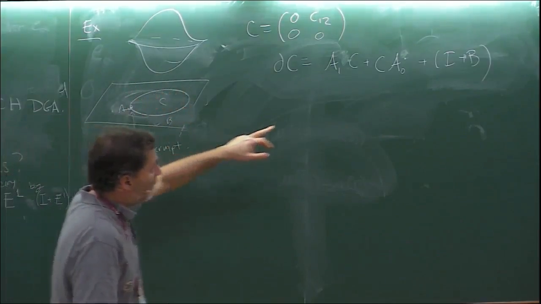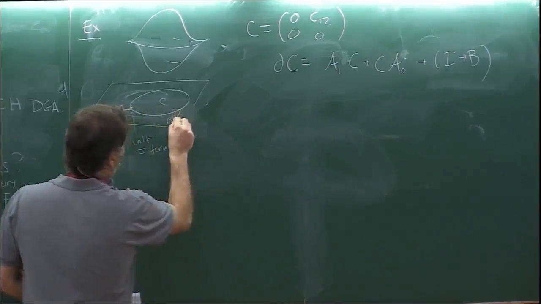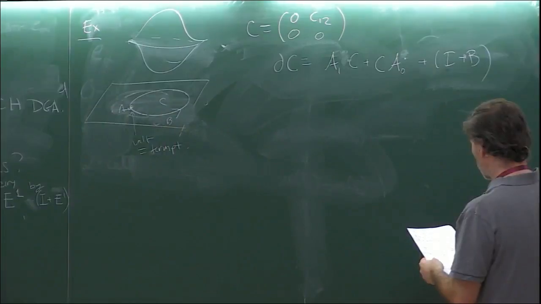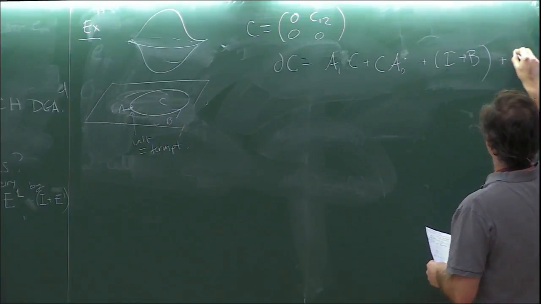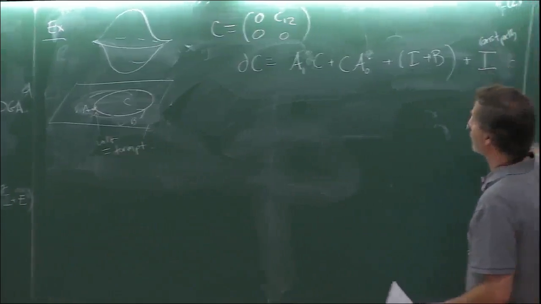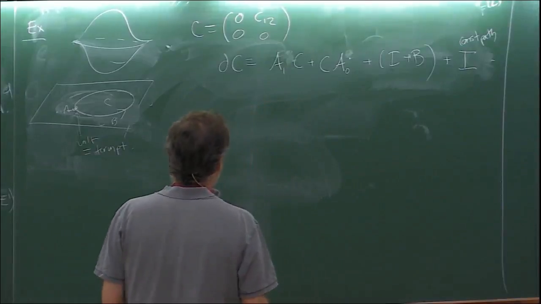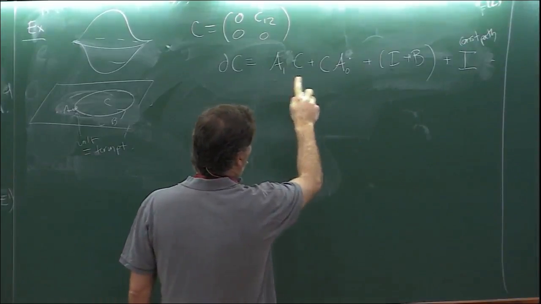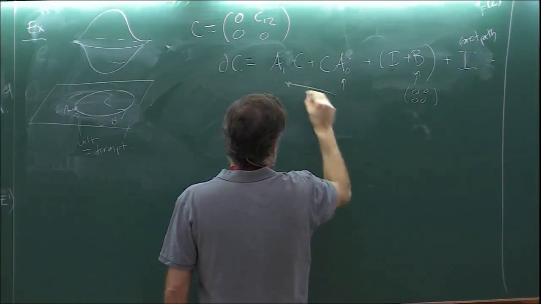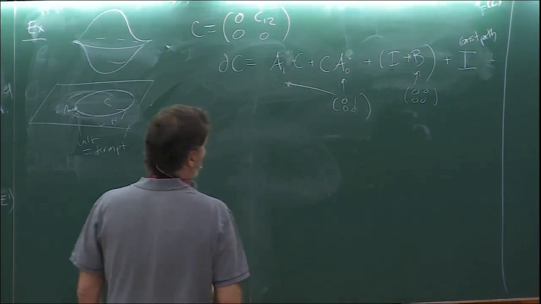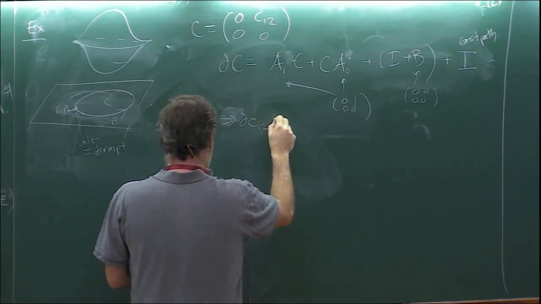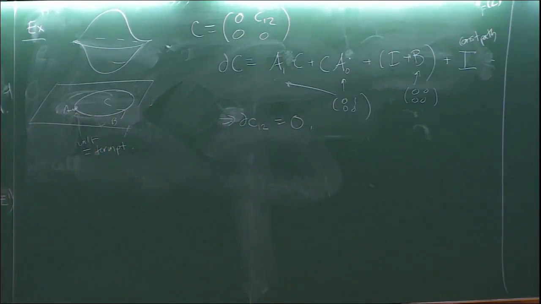Well, here I have one path, I plus B. The other path is actually just going to be the constant path, I. So this is the constant path. And so now this matrix is going to be 0, 0, 0, 0. And these two matrices are going to be 0, 1, 0, 0. So if you actually compute this out, you get d of C_{1,2} is 0. Not too surprising.